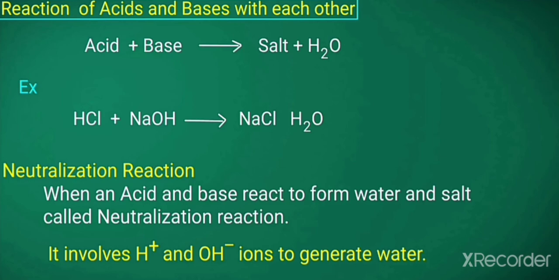Hydrogen and hydroxide ions present in acid and base combine, and there is a formation of water. You have to remember what will form when an acid and a base react: there is a formation of salt. What do you mean by neutralization reaction? It means acid combines with base to form water and salt. That process is known as neutralization reaction. In this reaction, hydrogen and hydroxide ions are involved.